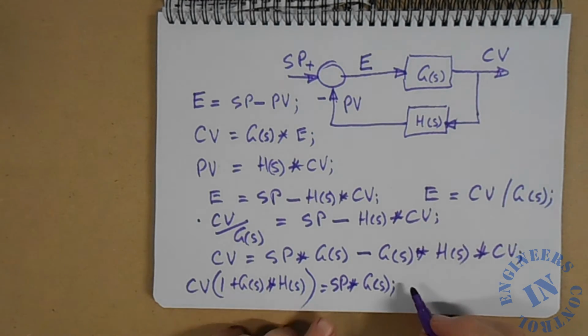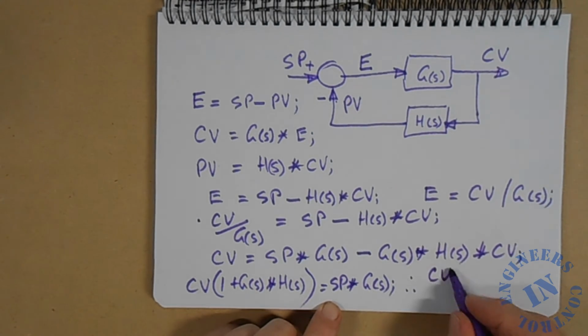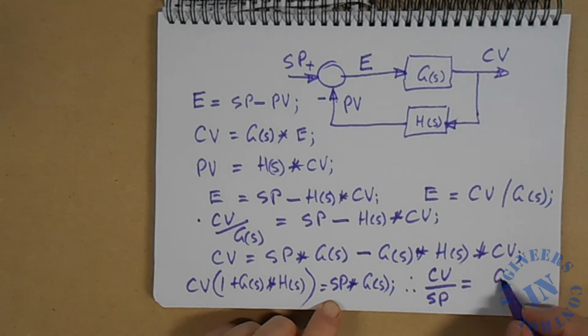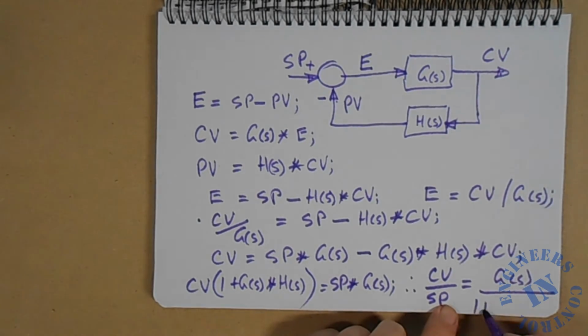Therefore, CV over the set point is G(S) over 1 plus G(S), H(S).